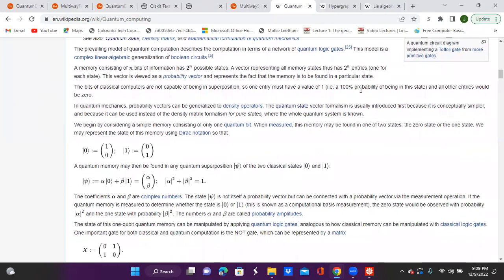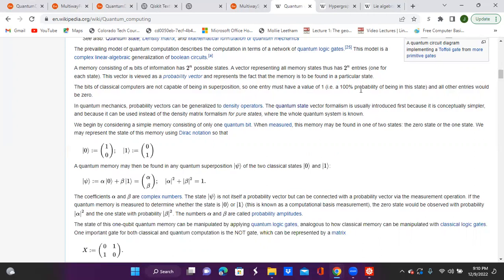The prevailing model of quantum computation describes the computation in terms of a network of quantum logic gates. This model is a complex linear algebraic generalization of Boolean circuits. A memory consisting of n bits of information has 2^n possible states. A vector representing all memory states thus has 2^n entries, one for each state.